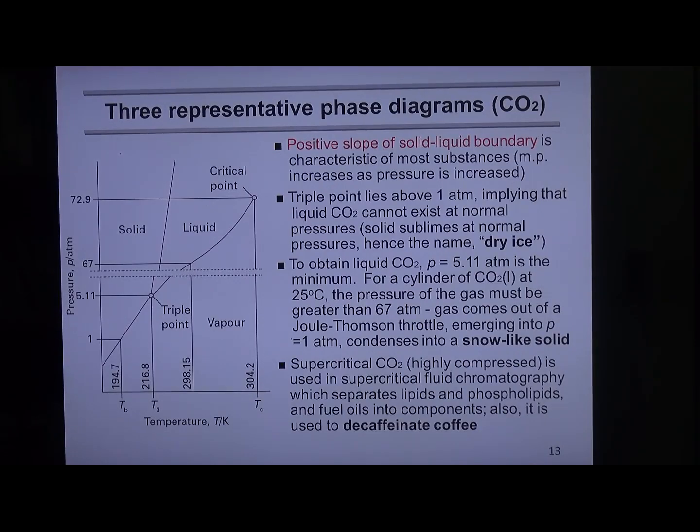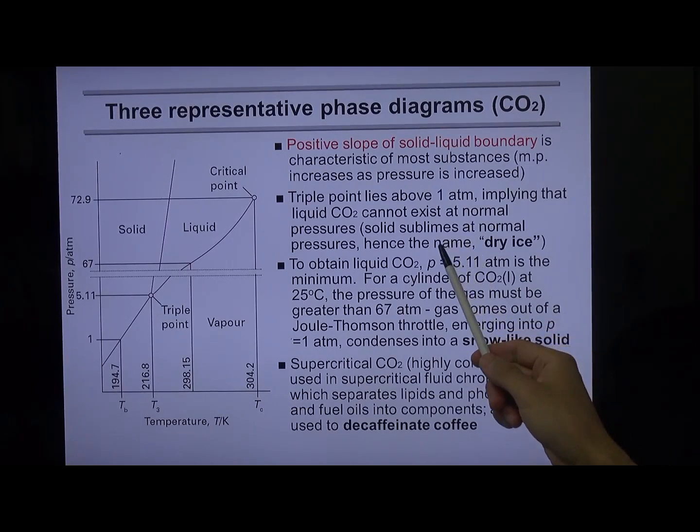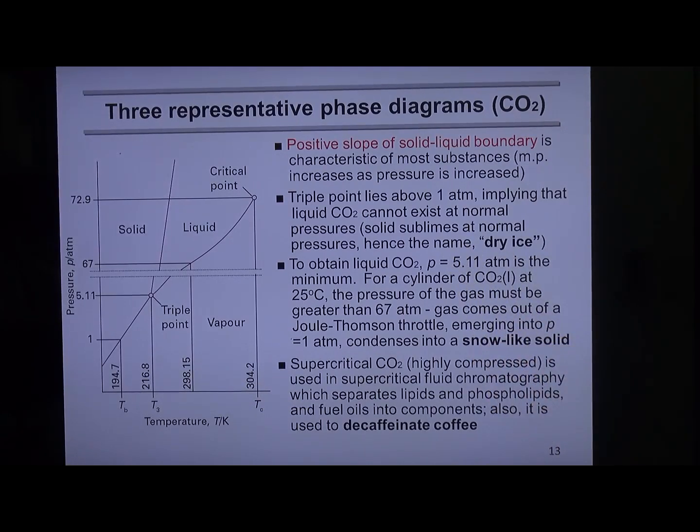So the triple point lies above 1 atm. So at normal pressure, at 1 atm, solid and vapor phases are at equilibrium, depending on the temperature. Right? That's why we can easily see dry ice, solid state CO2.